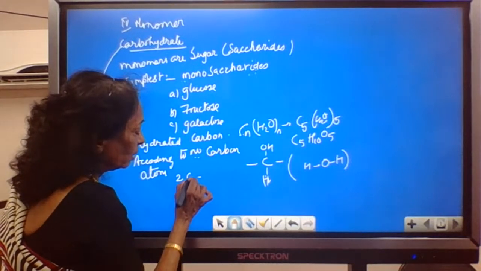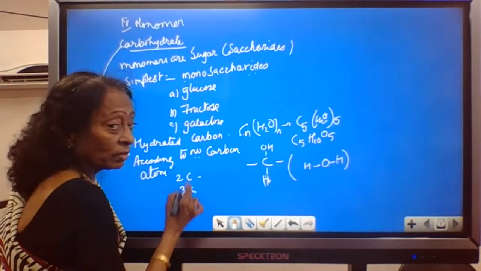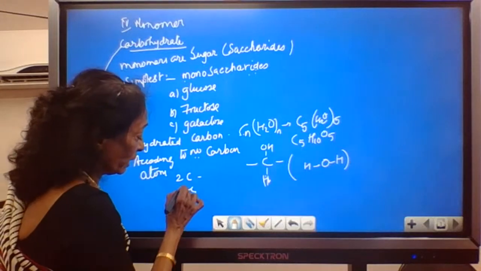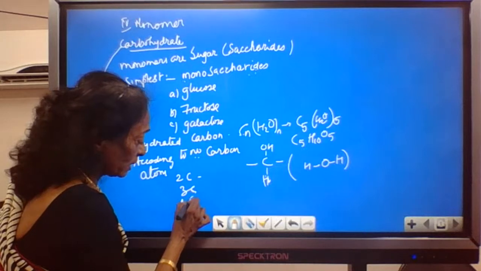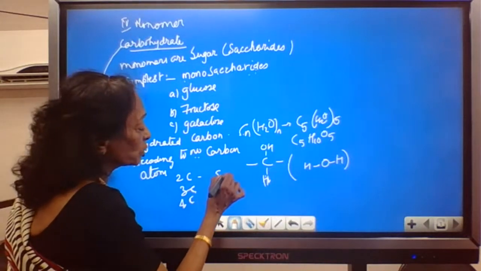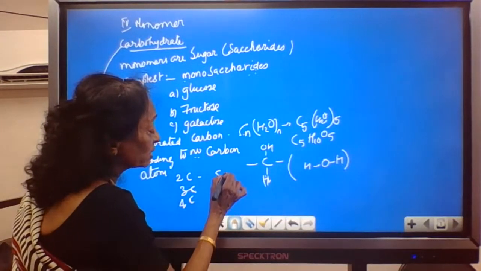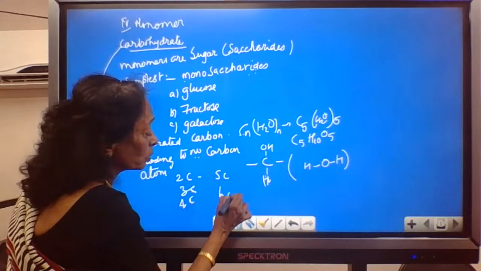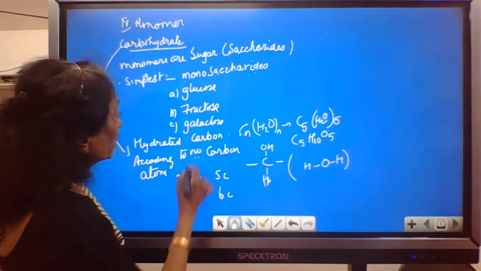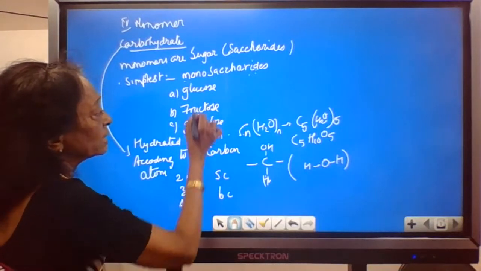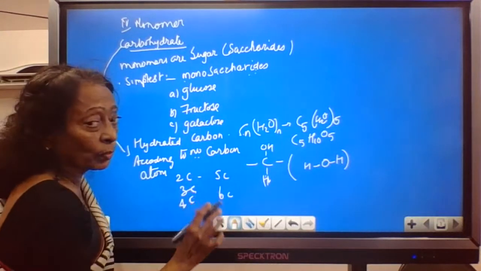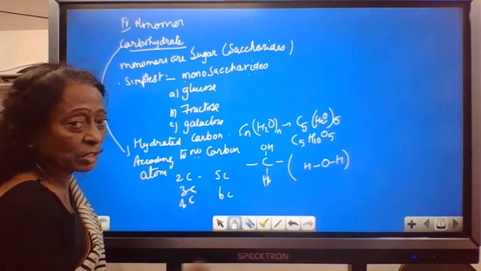For example, in 3C you have pyruvic acid and phosphoglyceraldehyde. 4C is oxalic acid, 5C is ribose sugar, and 6C is glucose. Mostly glucose and fructose are 6 carbon sugars. You call them a 5 carbon sugar or a 6 carbon sugar.